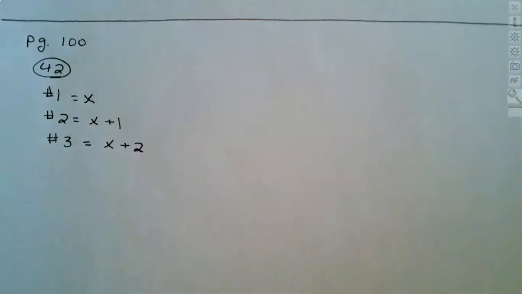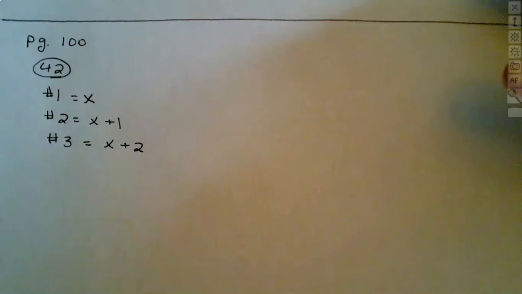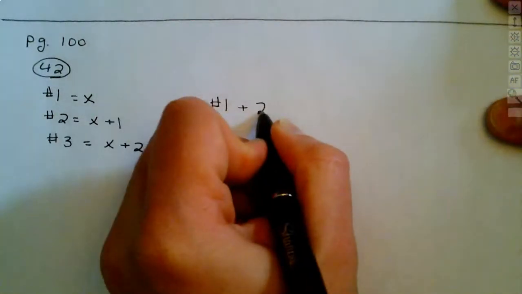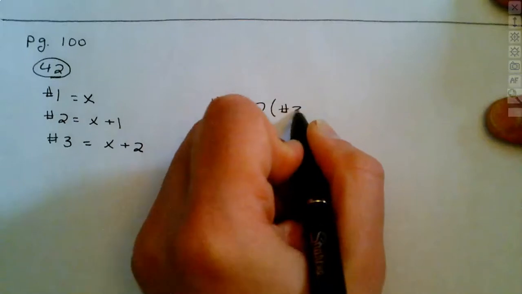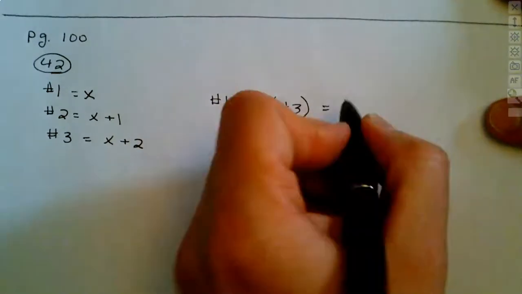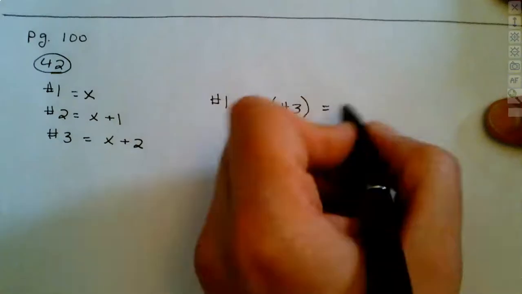Now let's read this again. Find 3 consecutive integers such that the sum of the first and twice the third. So the first plus twice the third. Remember, is means equals here. So we need an equals for that is 39 more than twice the second.